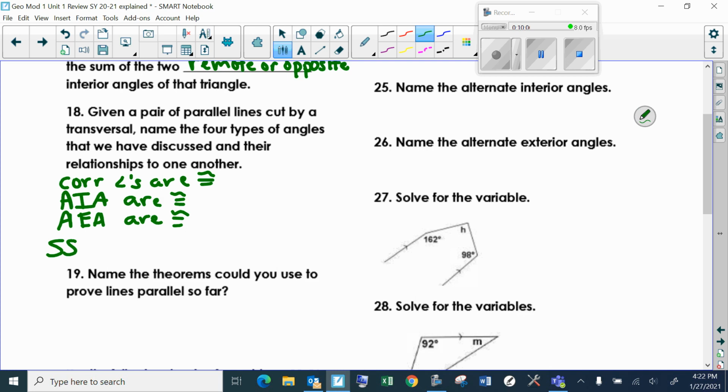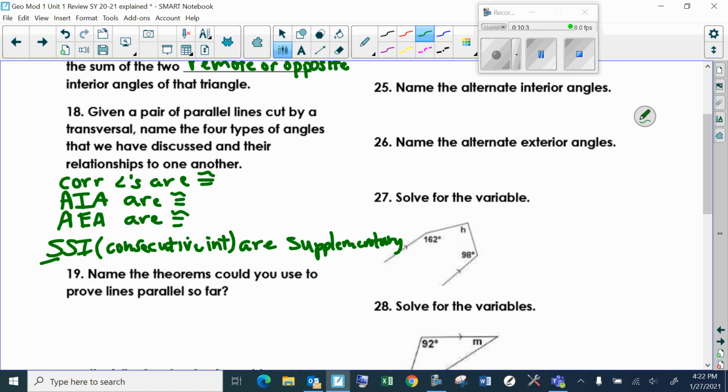And lastly, same side interior angles, also called consecutive interior angles, are, and we should already know this one, it starts with an S, supplementary. It's the only one that's supplementary. There are 4 types there of these 4 types.